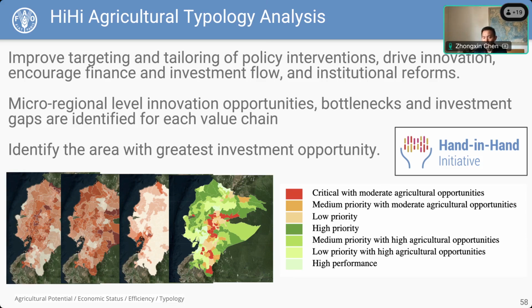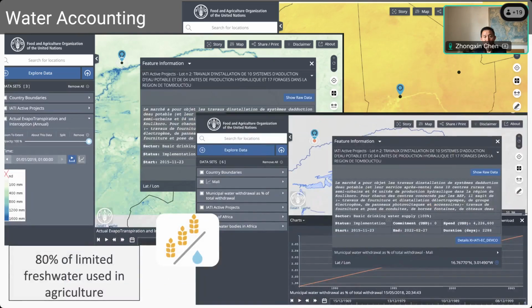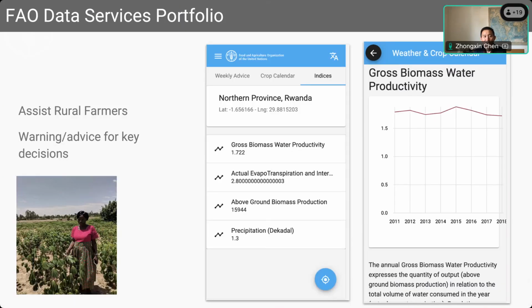This is at global and country scale, but at the local scale, together with precision farming, the technology is also quite useful. At the beginning I said water is critical to agriculture. This platform supports water accounting, and we also have mobile apps to transfer knowledge, action and information to the farmers and guide their practice.